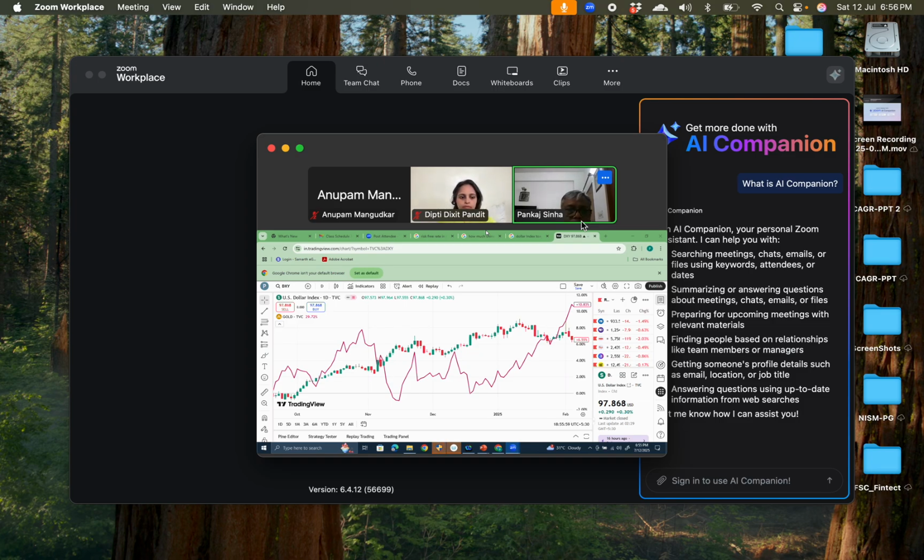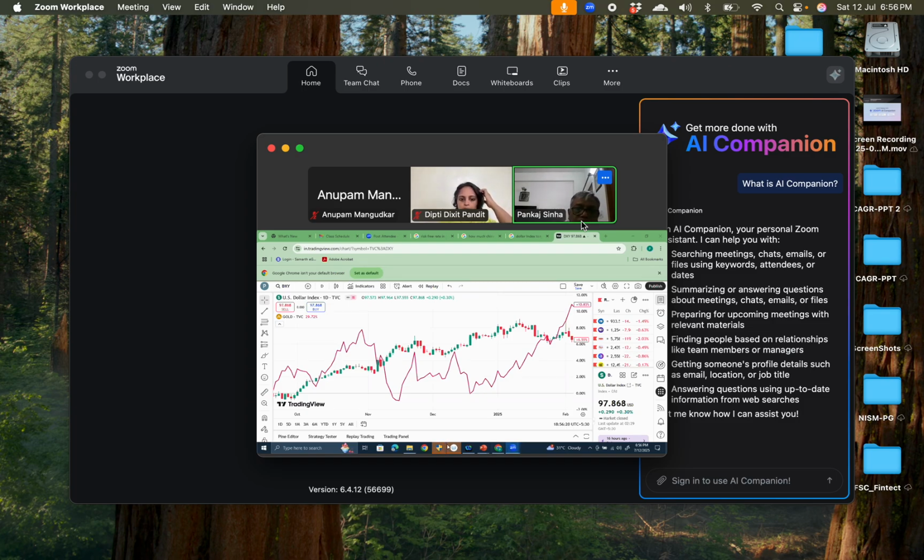And the way Trump was behaving, people lost trust in the US economy. Once people lost trust in the US economy, they lost trust in the dollar. Once they lost trust in the dollar, the supply of dollars went up, and once the supply went up, the dollar index went down.